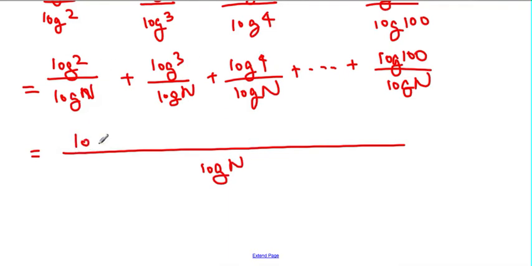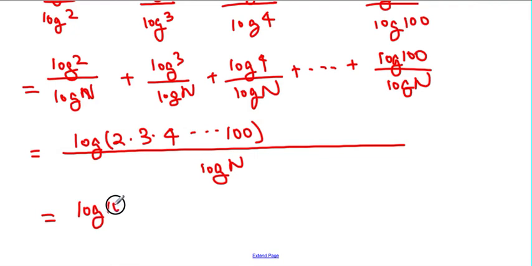We just multiply them. So log of 2 times 3 times 4, continuing all the way up to 100. Whether you multiply from 2 up to 100 or from 1 up to 100, it's the same story. So I can rewrite this as log of 100 factorial over log of n.